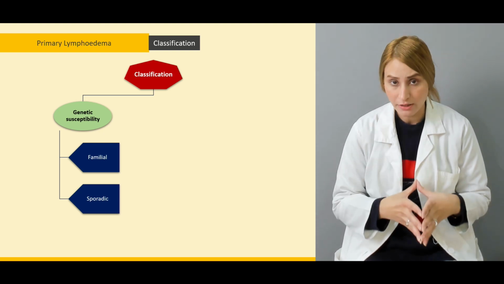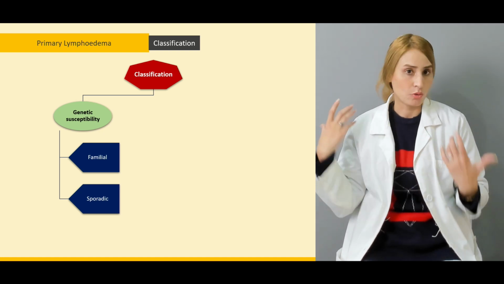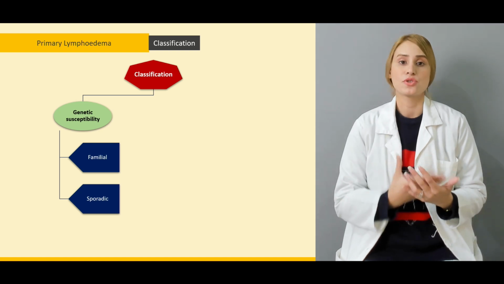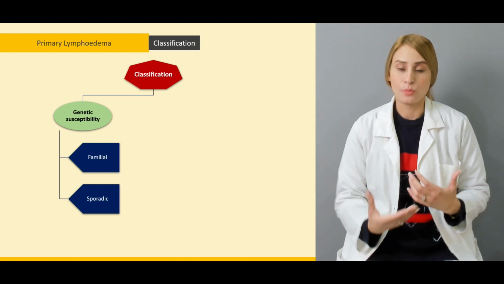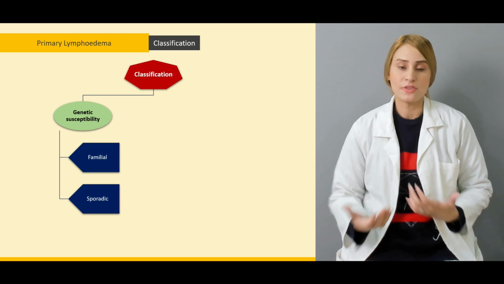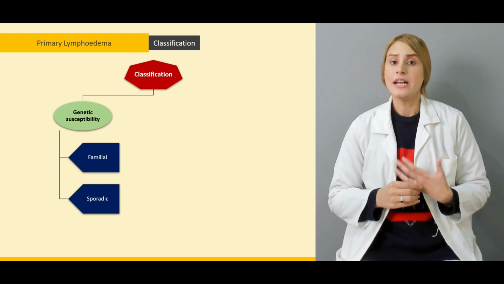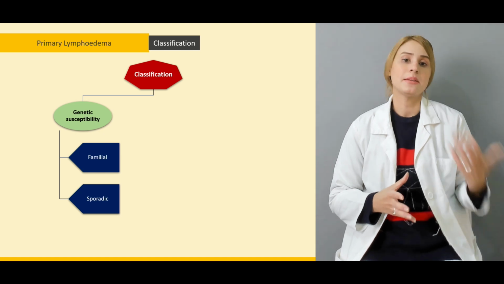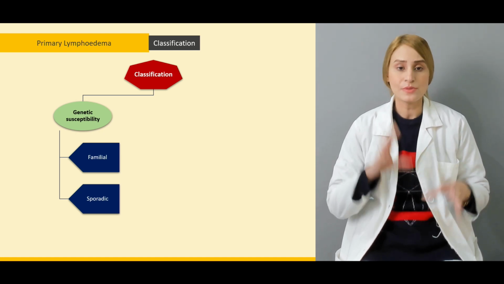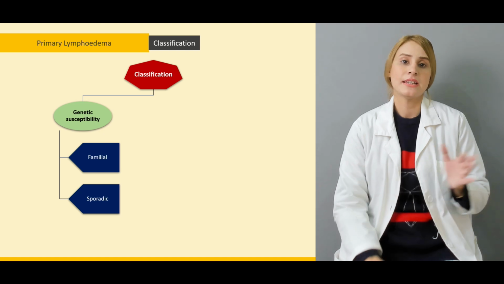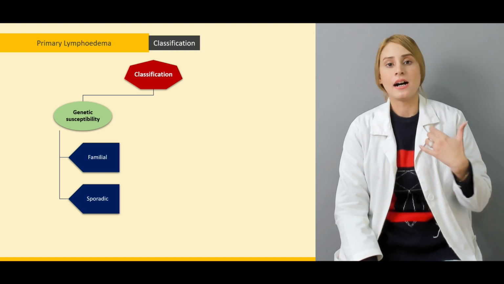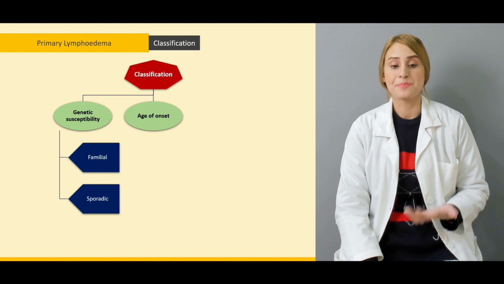In case of the familial cases, it can be Milroy disease, in which the patient usually presents with lower limb lymphedema right after birth. In other cases, it can be tuberous sclerosis, or it can be Noonan syndrome. So you should keep this in mind: the genetic susceptibility can be familial, or it can be sporadic.